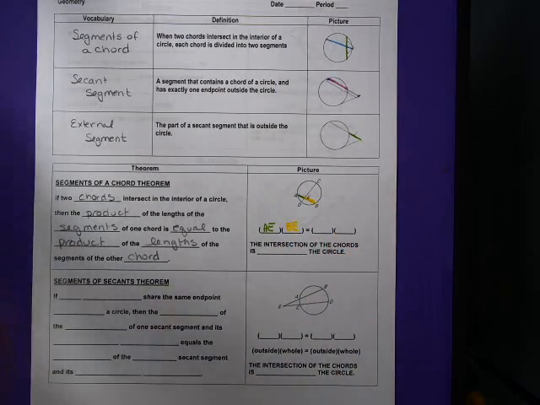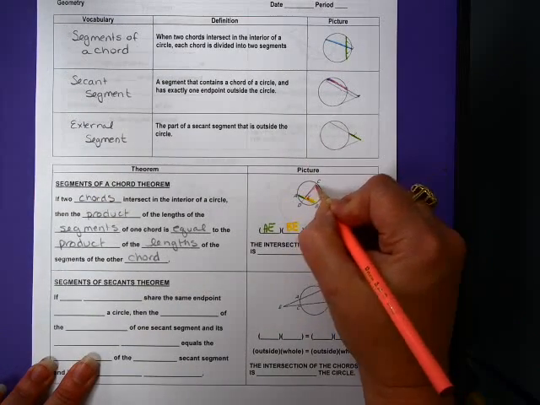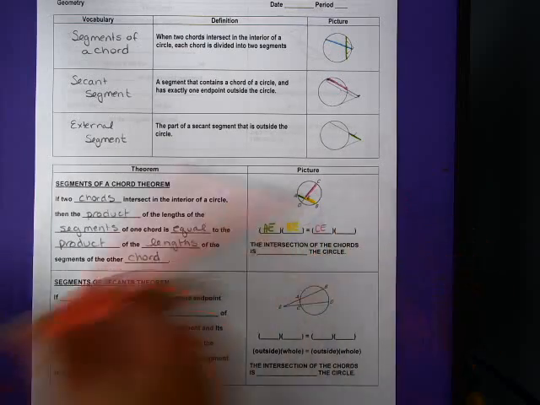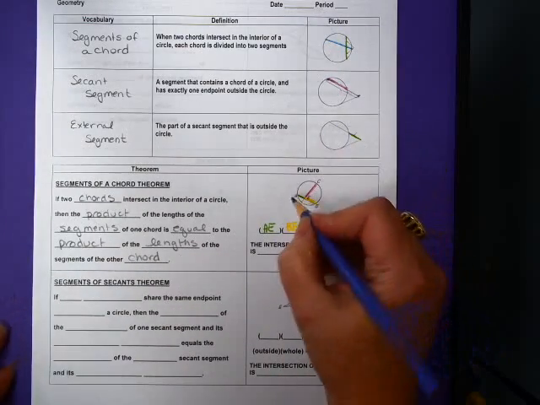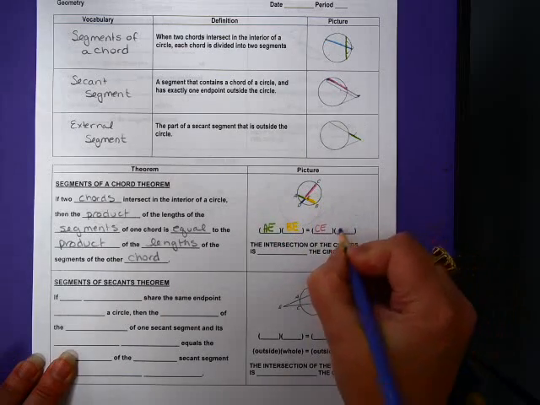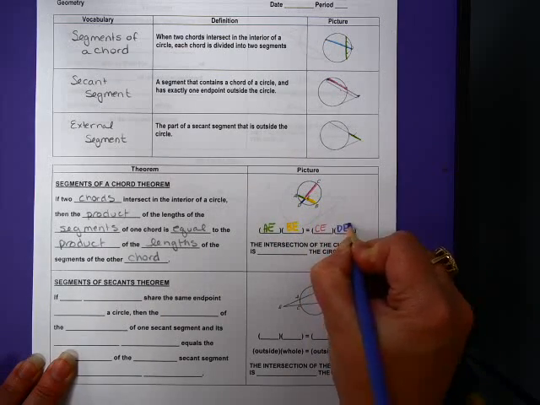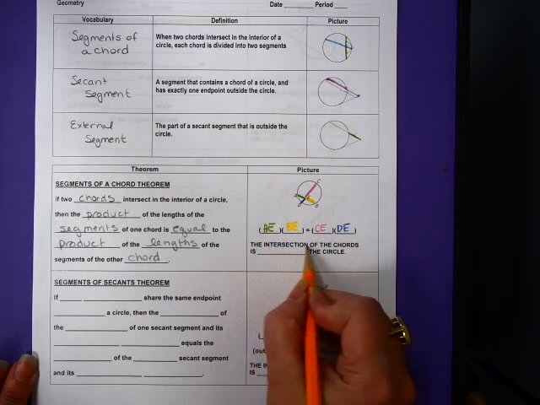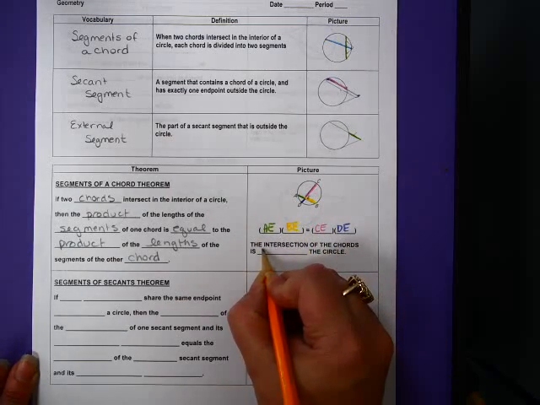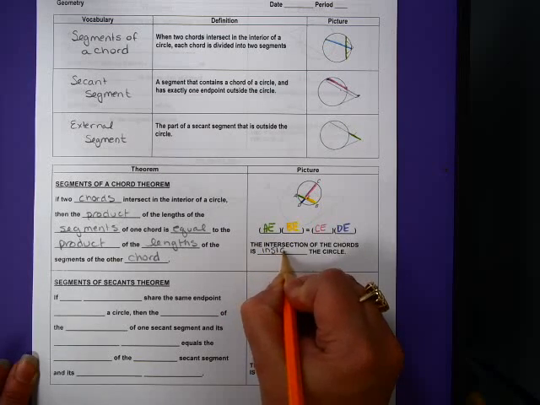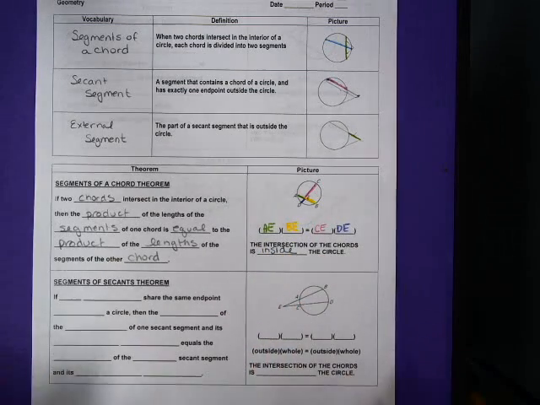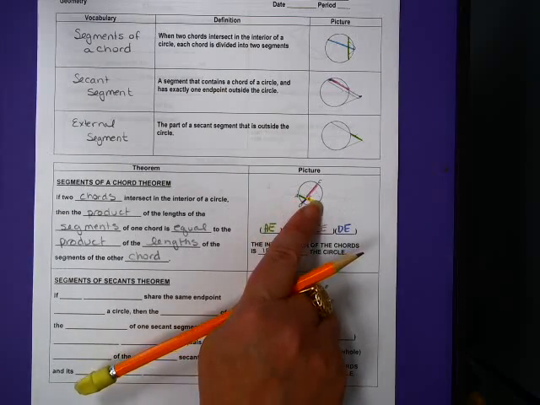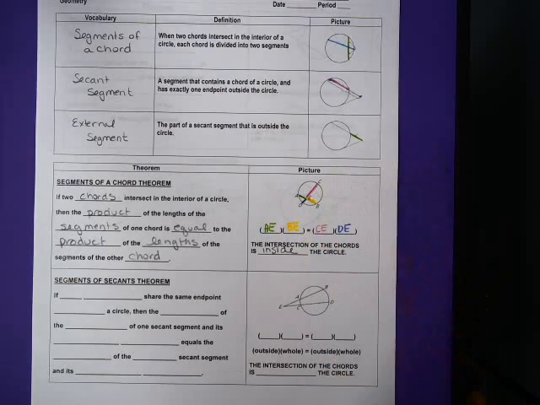That's going to equal this segment here, which is CE, times this segment here, which is DE. Notice how the intersection of the chords is inside the circle. That's important. So when the intersection is inside, you just take piece times piece equals piece times piece.